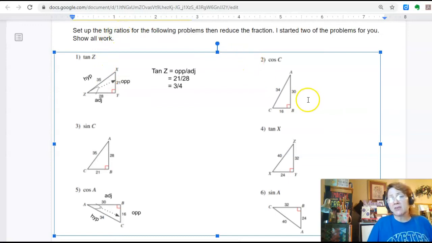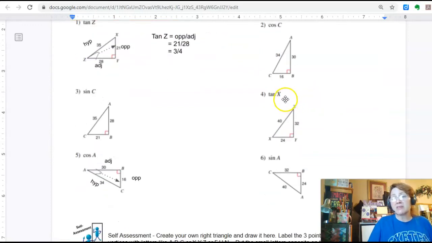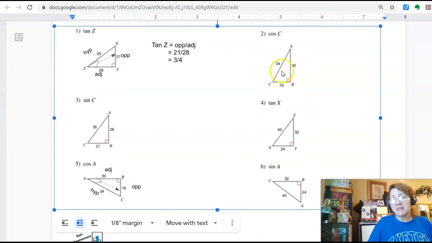Now if I take a look at number 2, the cosine of C. So here's my C right here. I first would look at what's opposite to the C. Opposite to C is 30, so 30 would be my opposite side.